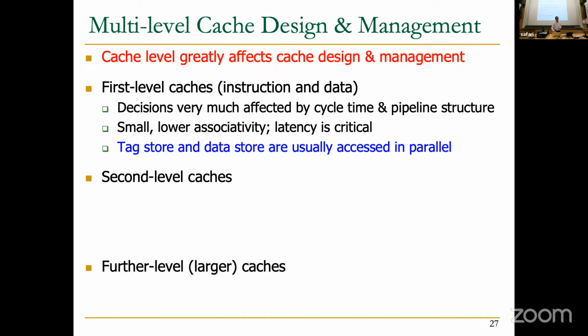Because you need to get the data very quickly into the pipeline, instructions are especially more important, because if you don't get the instructions into the pipeline quickly, you'll stall the entire pipeline, right? Data is also important in the back end. But basically, these are usually smaller, lower associativity, and latency is critical, as we've discussed.